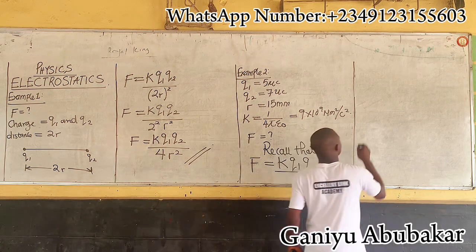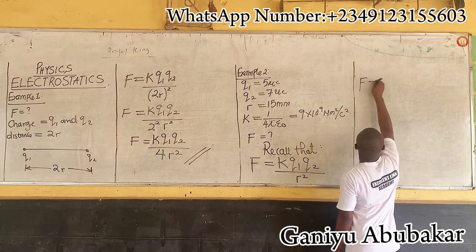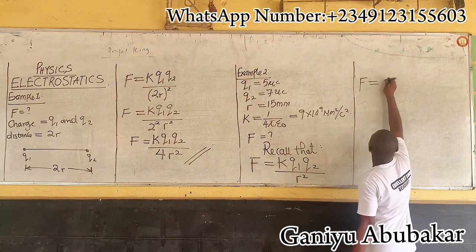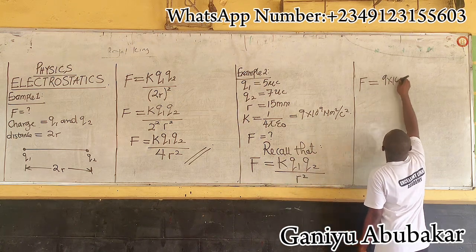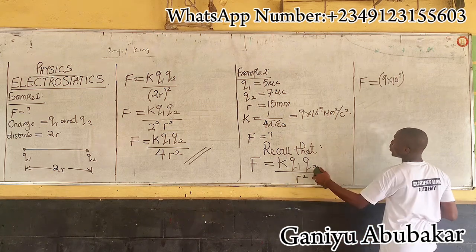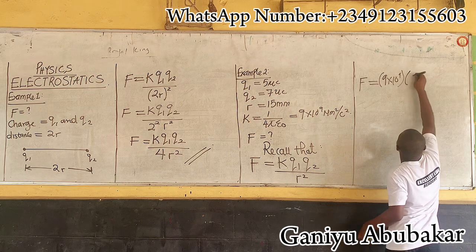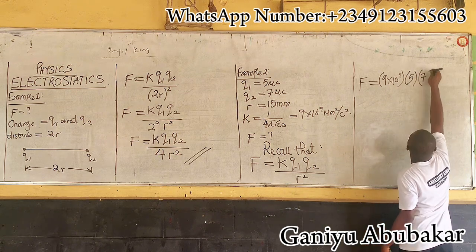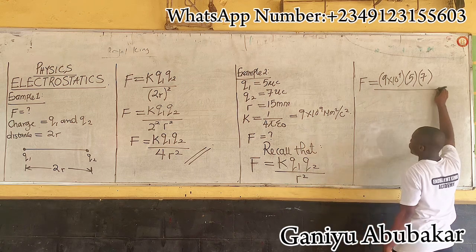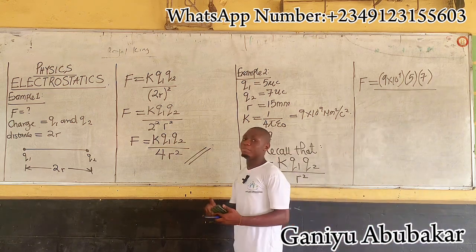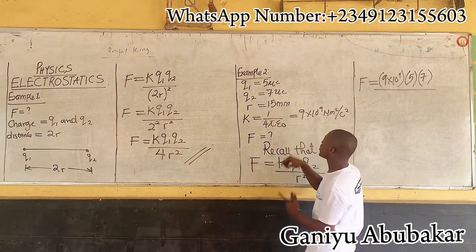So my force of attraction F will be equal to K, which in this case is 9 times 10 to the power 9, times Q1 Q2. Q1 is of course 5, Q2 is of course 7, all over R squared. I expect that my R should be in meters, not in millimeter.